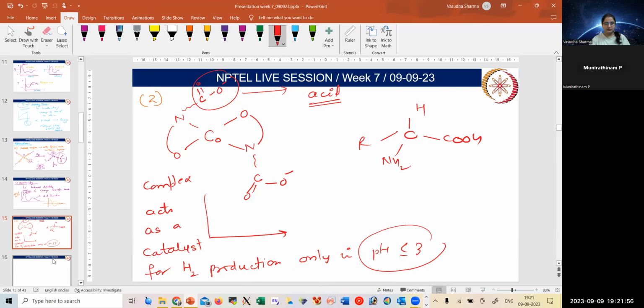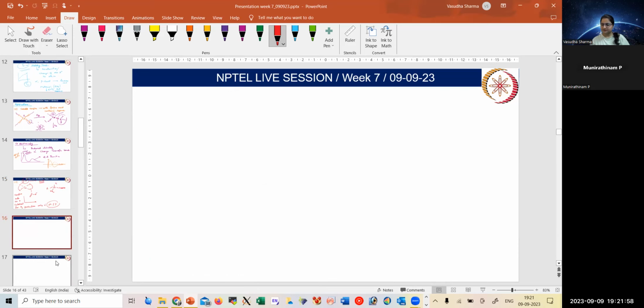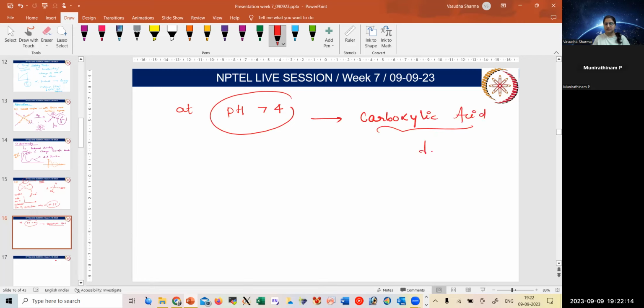So we will understand that at pH greater than 4 or so, the carboxylic acid stays as carboxylate. If you have pH less than or equal to 3, there would be more H positive source.